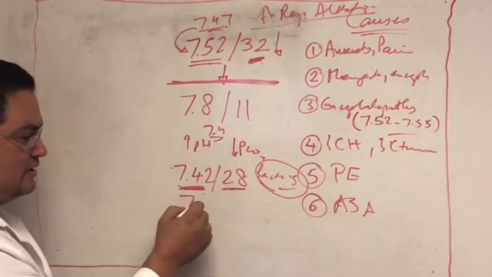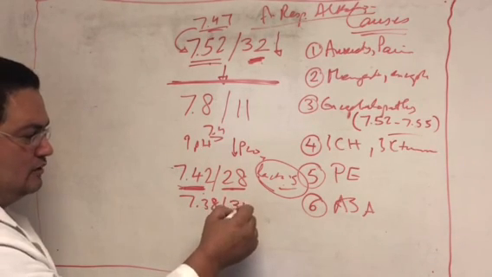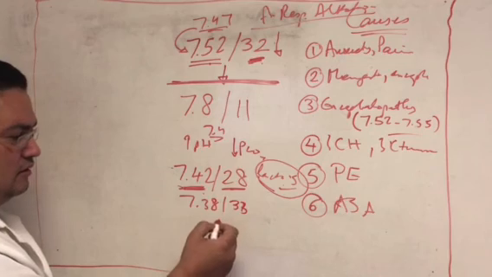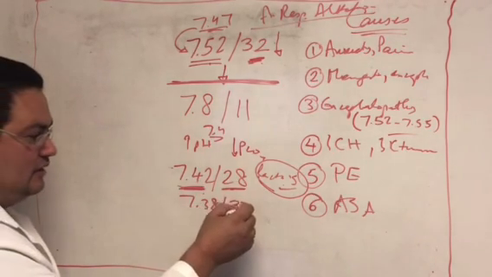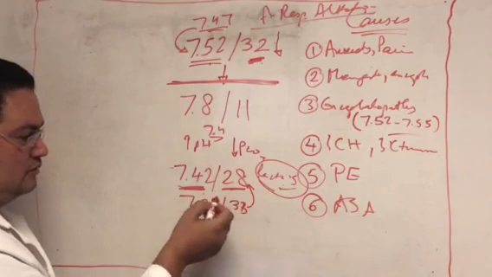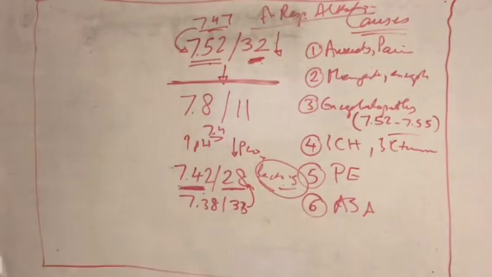This patient was probably sitting at 7.38, 31 or 33, right? But when I went in and did that, he breathed a little bit more and dropped his PCO2 and raised his pH a little bit. So you can accept a little bit of that if you're drawing the gas that way. And that is it.